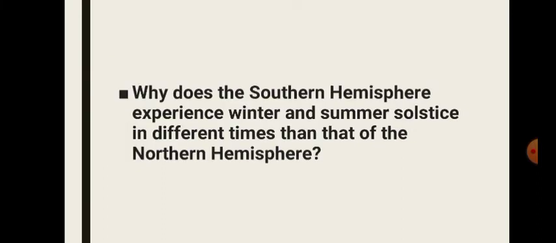Why does the southern hemisphere experience winter and summer solstice in different times than that of the northern hemisphere? So summer solstice and winter solstice occur in different hemispheres at different times. Why?